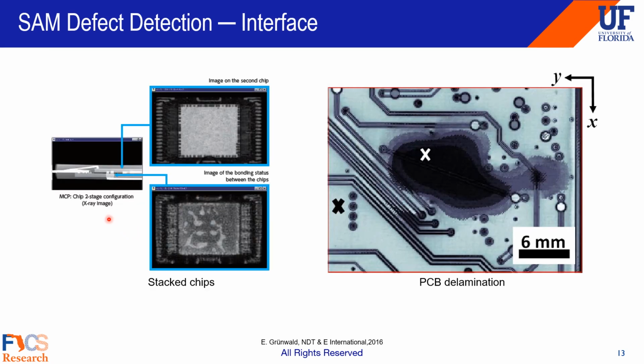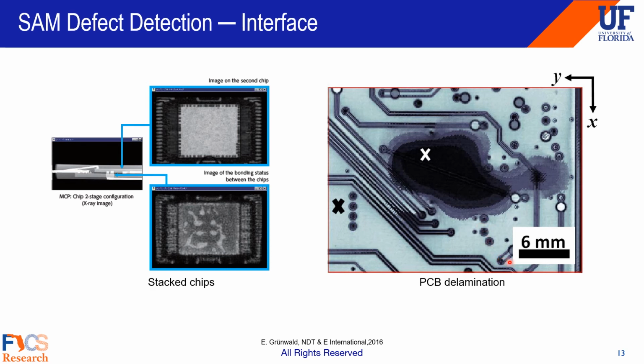Lastly, SAM has high enough penetration depth that it could be used to examine the chip-to-chip interface, not just bonding with solder balls, but also adhesive. On the right, we have SAM for PCB level delamination detection. We can see a large area of delamination in the center of this PCB.